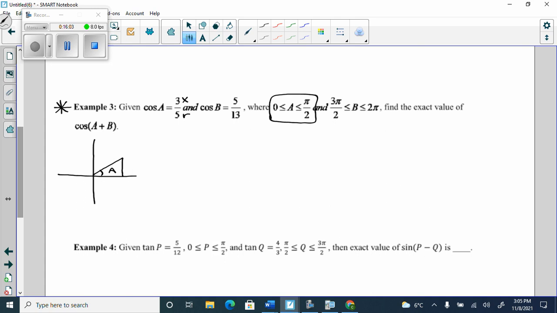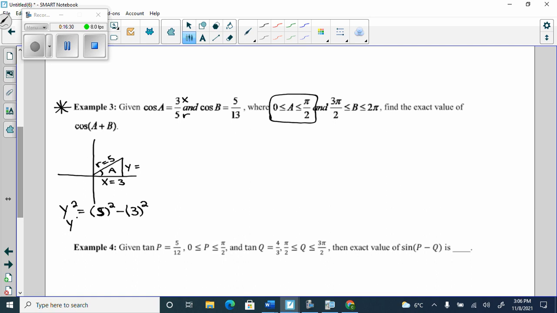We know x is 3. We know r is 5. We need to find y using Pythagorean Theorem. And the reason why we draw the triangles, we know that y is positive because it's here, right? So we're going to go y squared equals r squared, 5 squared minus x squared.